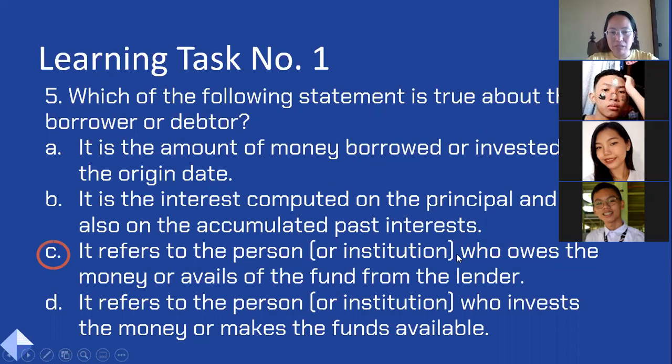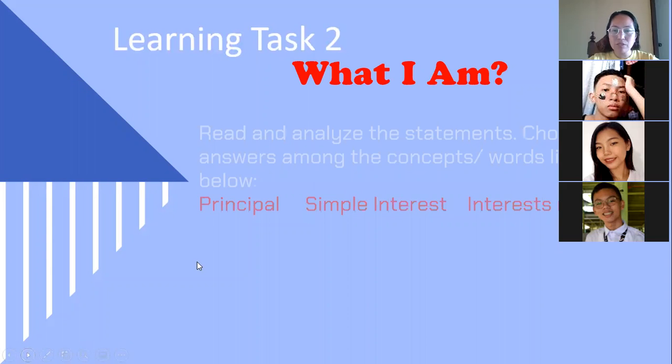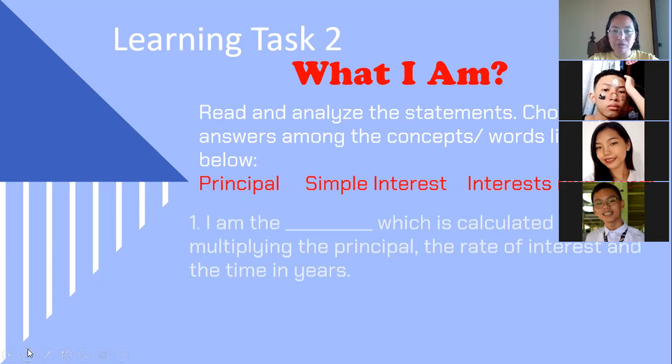So letter C is the correct one. It refers to the person who owes the money. So he's the one with the debt, right? Borrower. Those are some of the terms that we will encounter as we go along with the discussion of the first module. Okay? So, for learning task number 2, what am I? These are some of the terms.